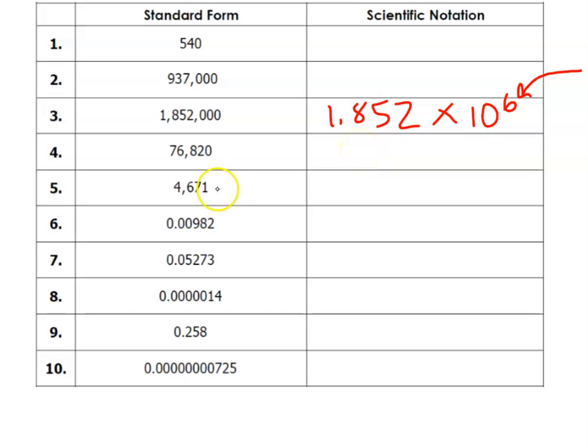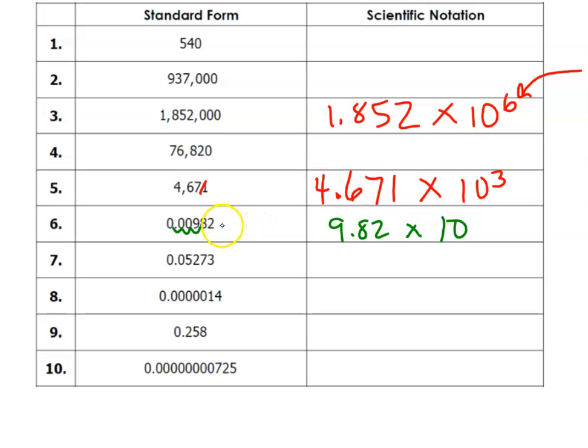Let's do another one. 4,671. 1, 2, 3. Need to move 3 places to get to the front of this number. Now how about these little numbers down here? Looks like I'm going to need to move 1, 2, 3 places to get between the 9 and the 8.